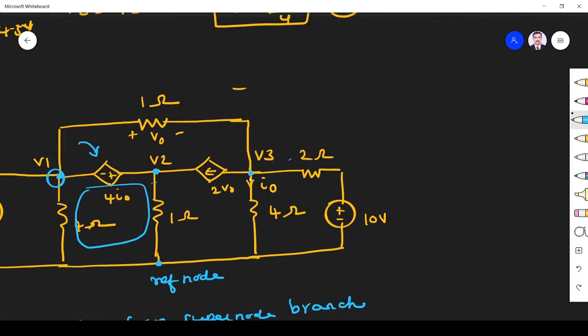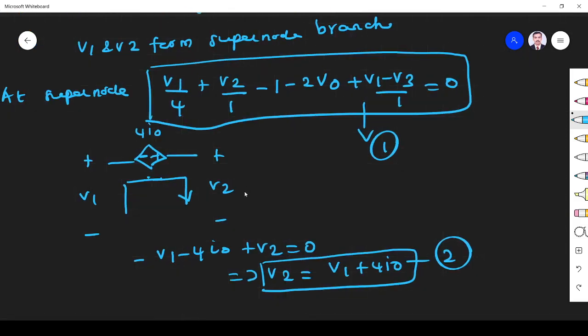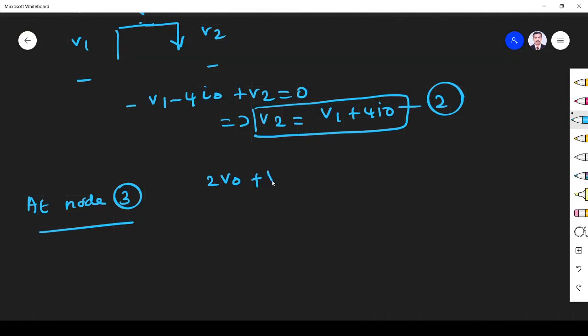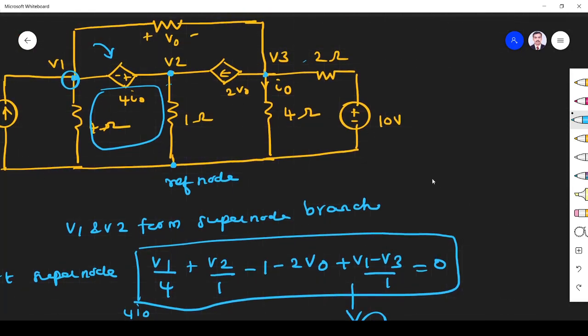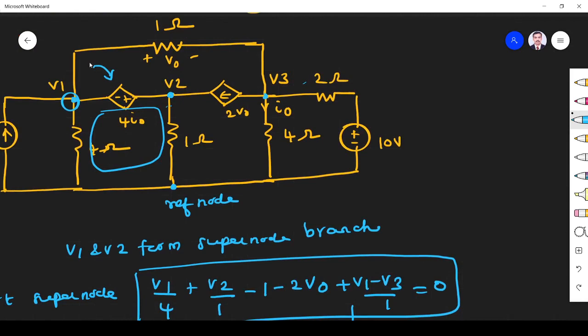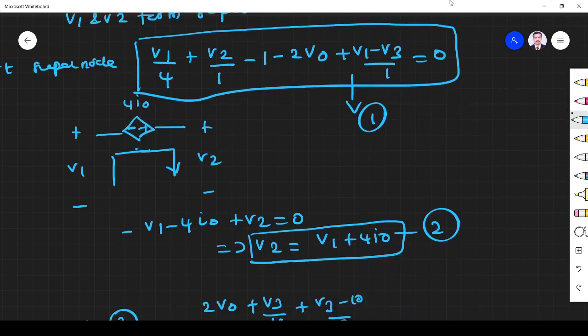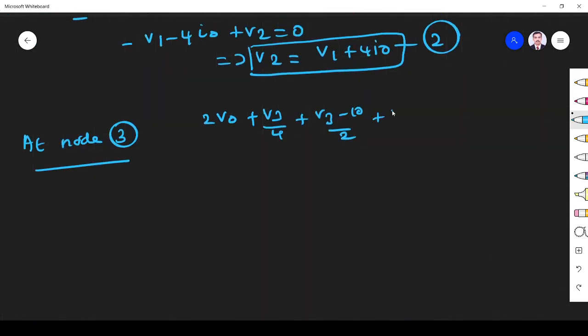Next, for this branch, V3 by 4. Then this one is V3 minus 10 by 2. What is the remaining branch? It is this one. So V3 minus V1 by 1. So plus V3 minus V1 by 1 is equal to 0. Let us assume this is equation number 3.